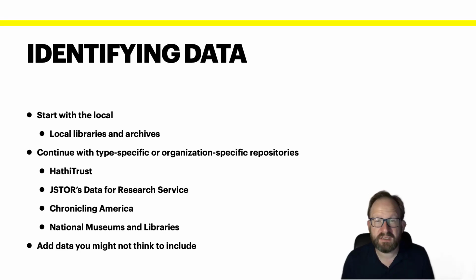The next step is to continue with type-specific or organization-specific repositories. There are a handful of format-specific repositories that are of use to digital humanists. These are repositories that are available for public use that are generally divided according to whether they provide access to textual data, such as newspapers, books, poetry, or other articles, or image data, like photographs, maps, films, or three-dimensional objects.